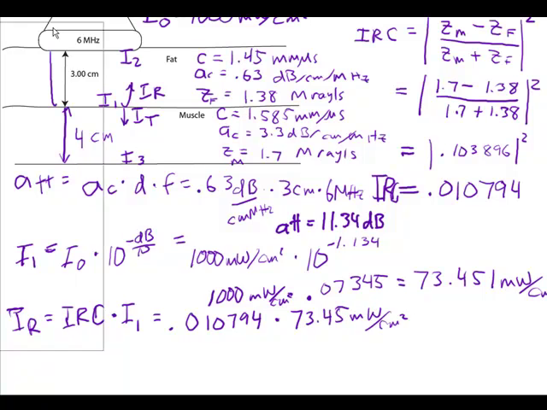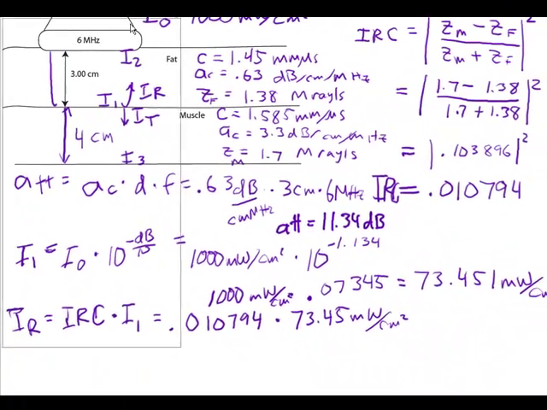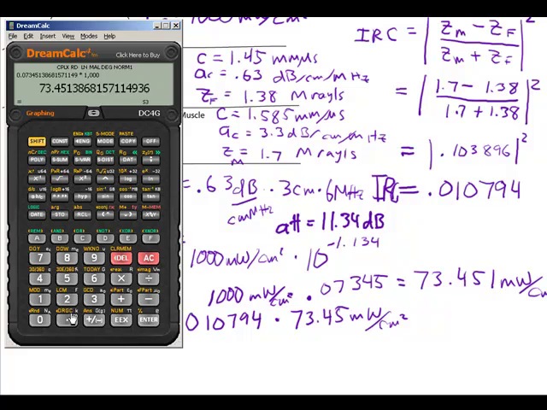Okay, so if I look at that on the calculator, I have 0.01079 times 73.45.